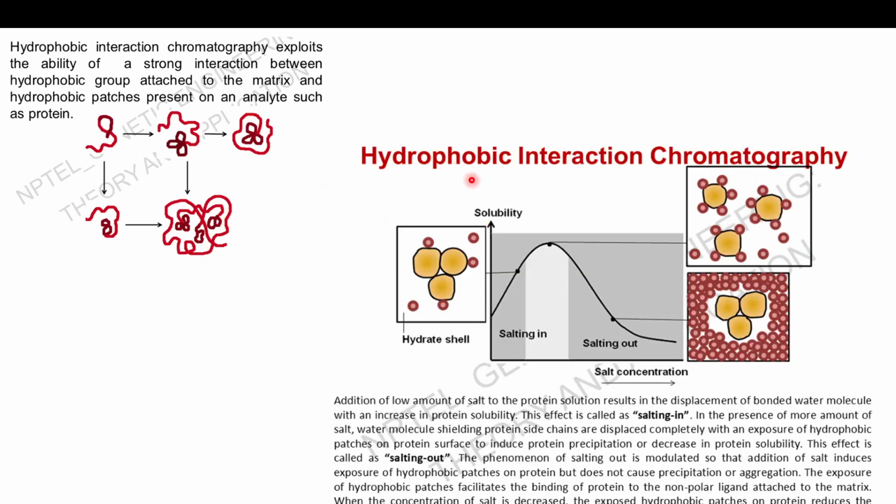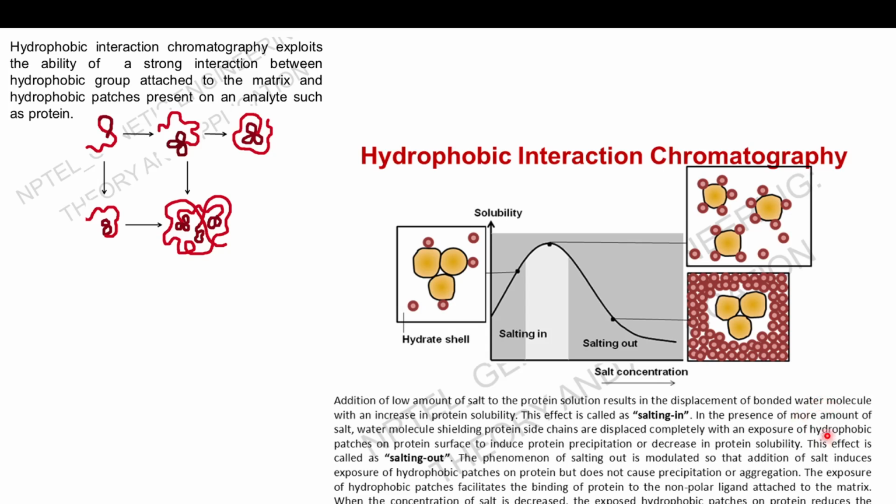Okay. Now, hydrophobic interaction chromatography mainly uses the salting in and salting out principle. What happens is addition of a low amount of salt to the protein solution results in the displacement of bonded water molecules with an increase in protein solubility. This is called the salting in effect. Okay.